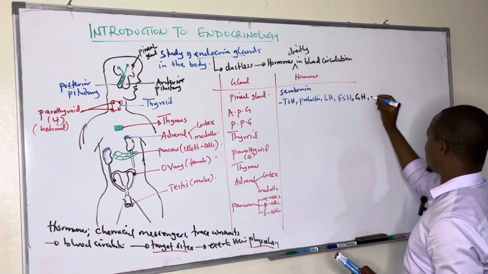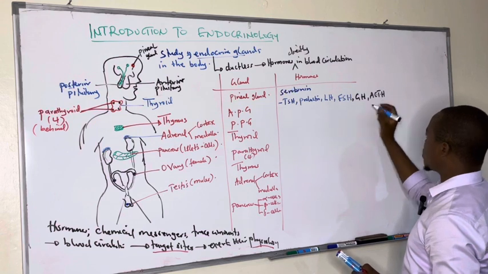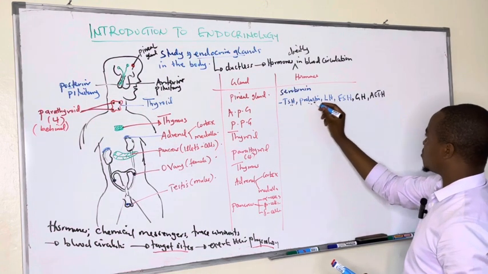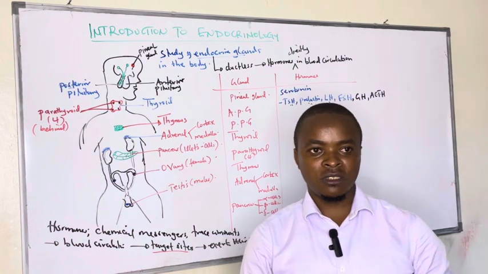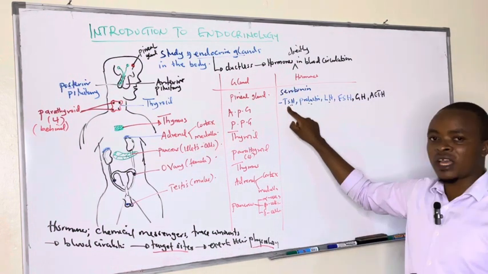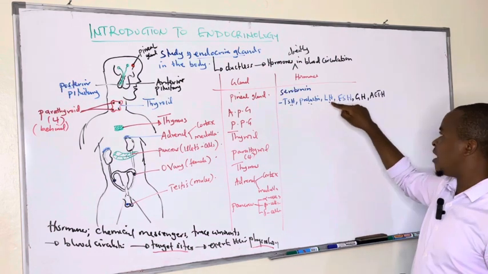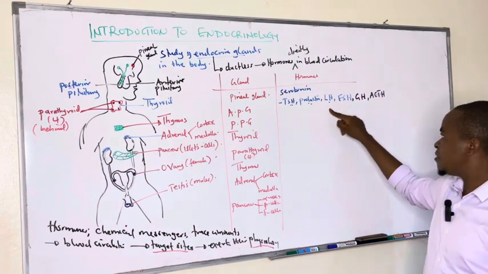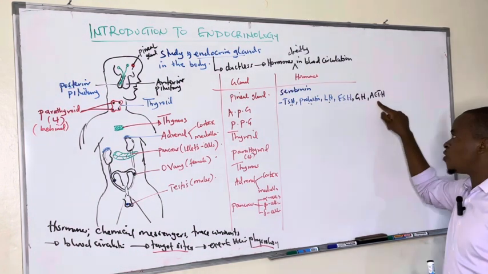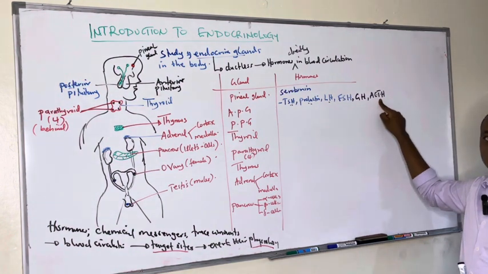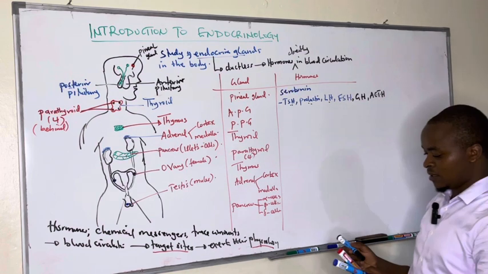And lastly, it produces adrenocorticotropic hormone. So these are the 6 hormones produced by the anterior pituitary gland: thyroid stimulating hormone, prolactin, luteinizing hormone, follicle stimulating hormone, growth hormone and adrenocorticotropic hormone.